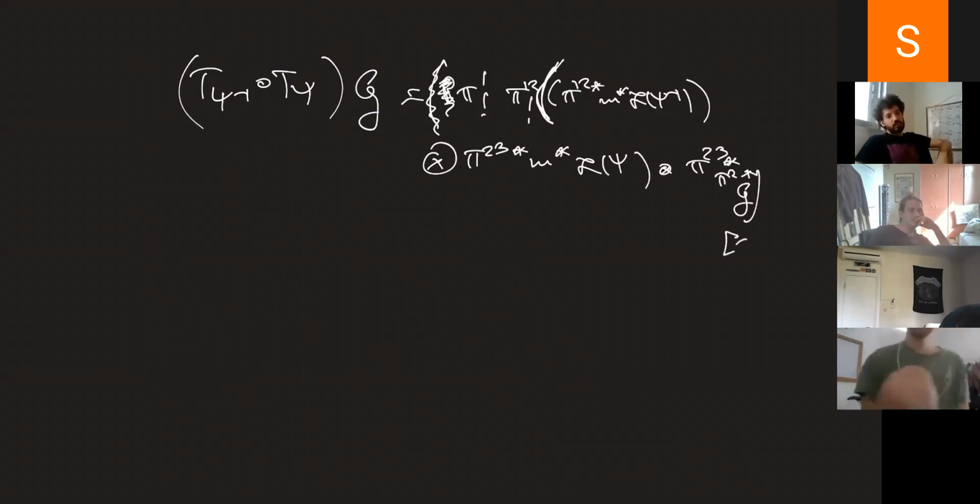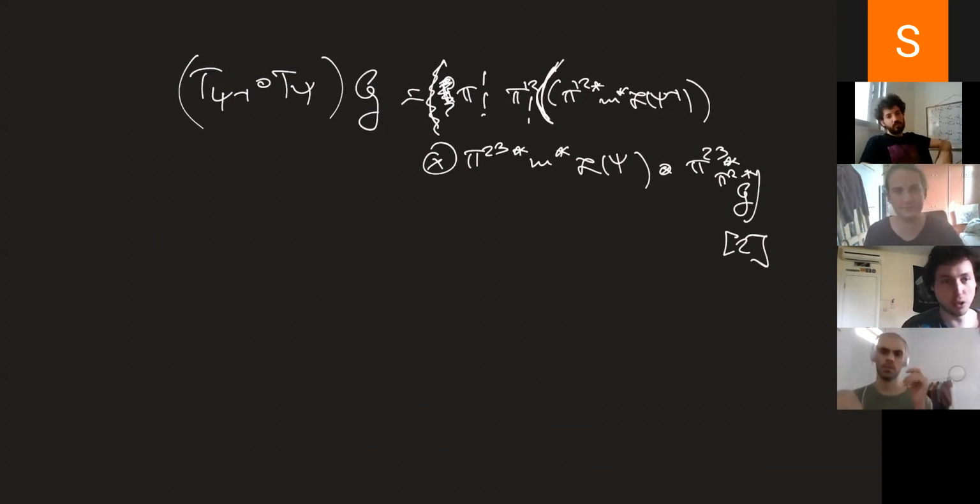All of this shifted by 2. If you just apply base change 3 times to the correct things, you get this long formula for the inverse Fourier transform of the Fourier transform.